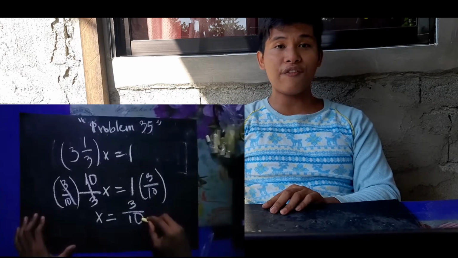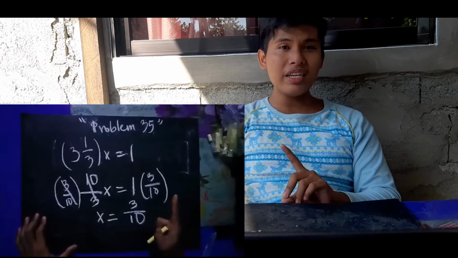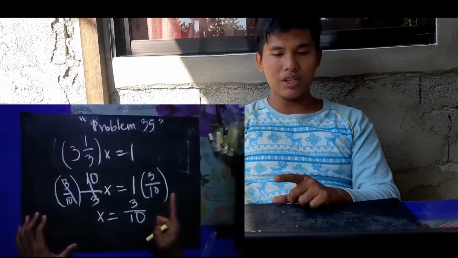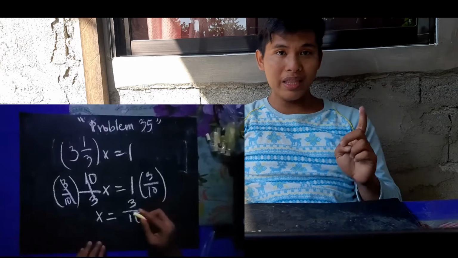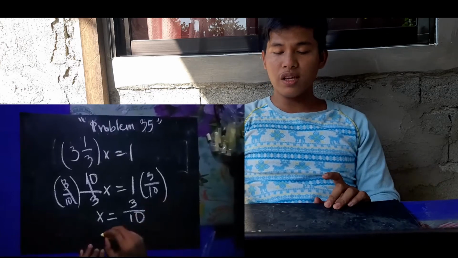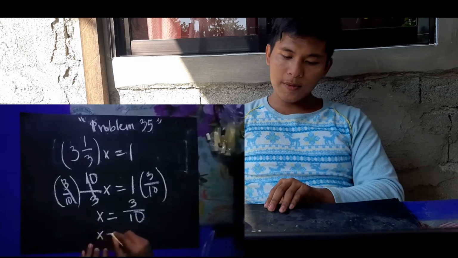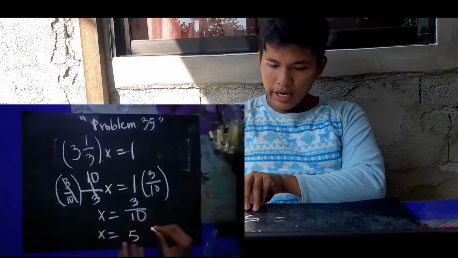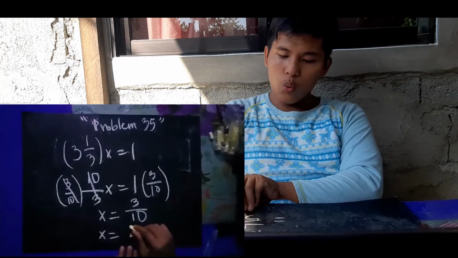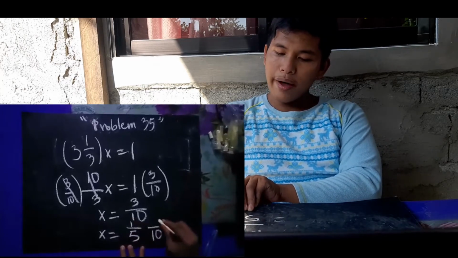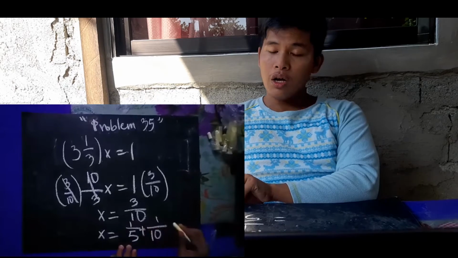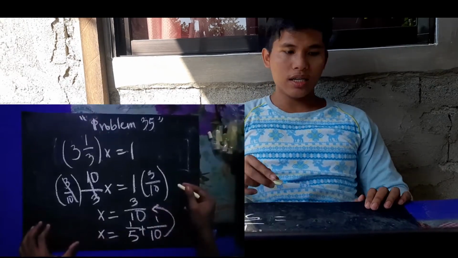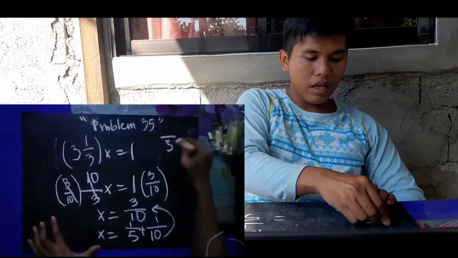So we are going to find unit fractions that add up to it, and that would be the answer. The unit fractions for 3 over 10 are 1/5 and 1/10. So 1/5 plus 1/10 gives 3 over 10. So this is the answer. It would look like this.